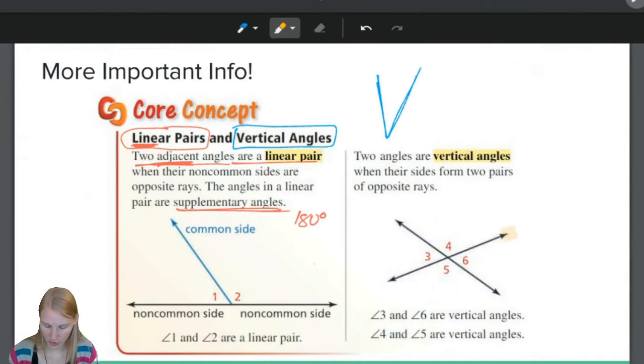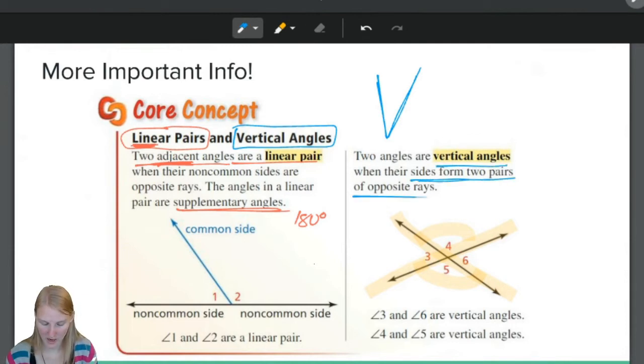Anytime you have two lines that cross each other, you have vertical angles. One on the top and bottom, and then two on the sides. So they are opposite from each other. You have an X, the angles opposite from one another are vertical angles. So, two angles are vertical angles when their sides form two pairs of opposite rays.